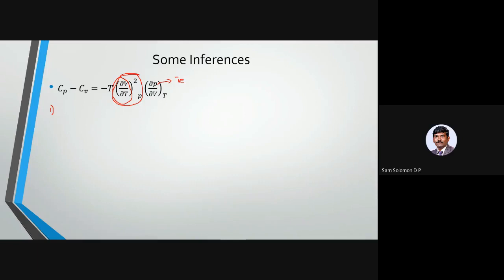So in a PV diagram, partial P by partial V is nothing but a negative slope. So this also shows that Cp is always greater than Cv.